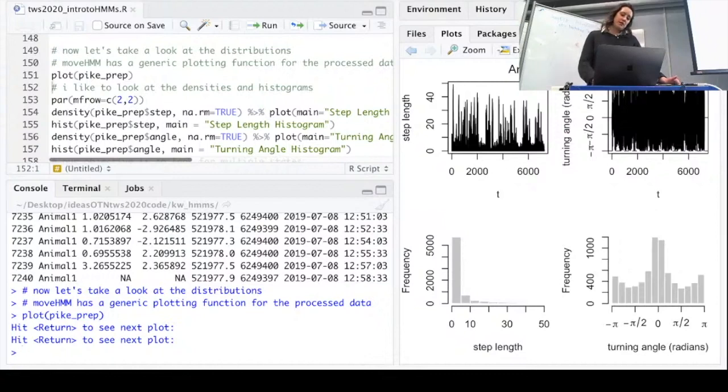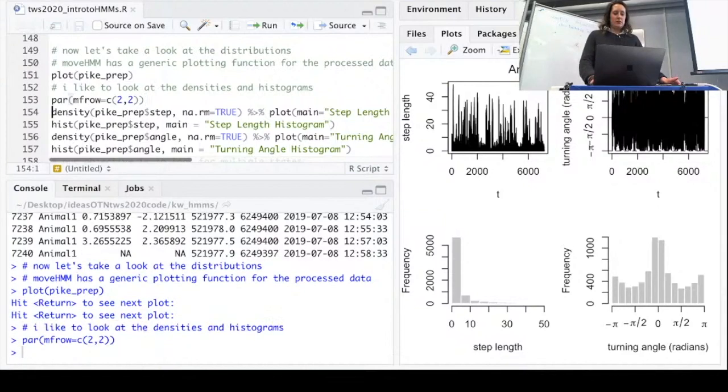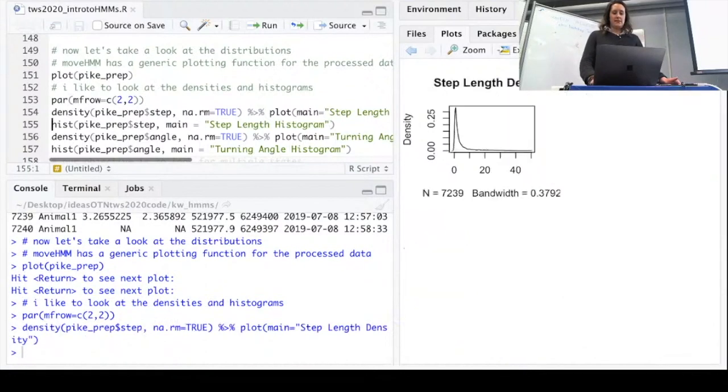And then these are also transferred into frequency distributions. So just looking at frequency plots here of the step lengths and the turning angles. Okay. Now what you need to do is take a look at the density of these different distributions, of these different observations.